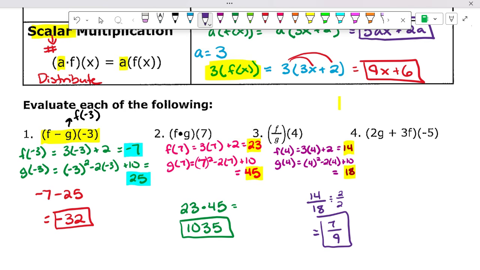So guys, just leave that one as a fraction because it's not going to give you a pretty number. Just simplify the fraction.